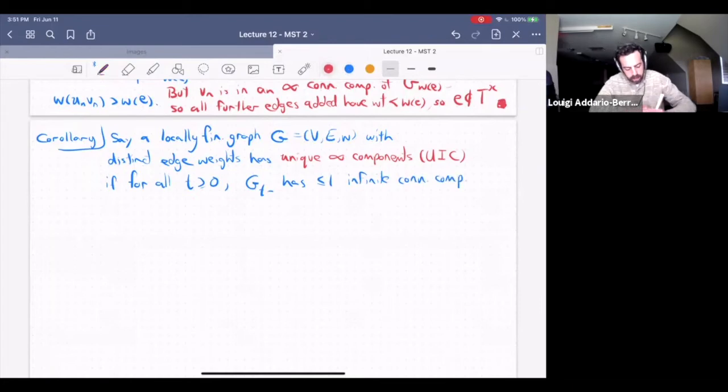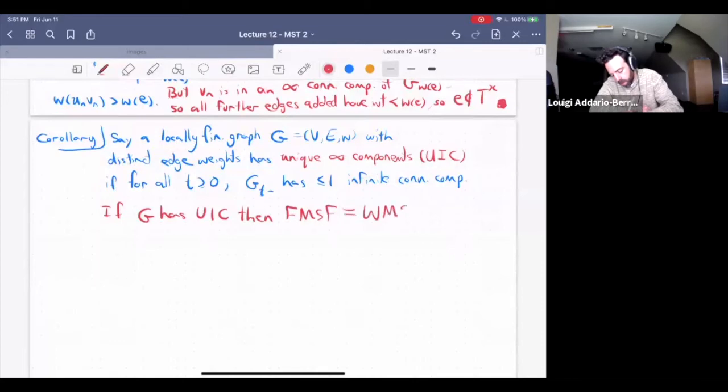Okay, and so the proposition tells us that, I guess this is still within the corollary, if G has unique infinite components, then the free minimum spanning forest is the same as the wired minimum spanning forest of G.